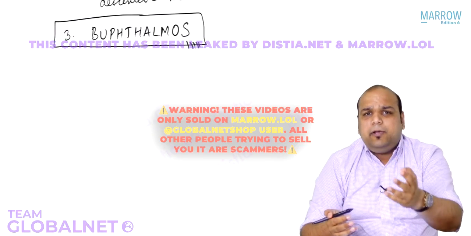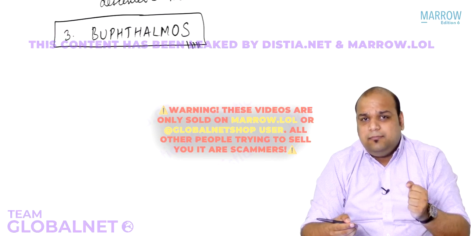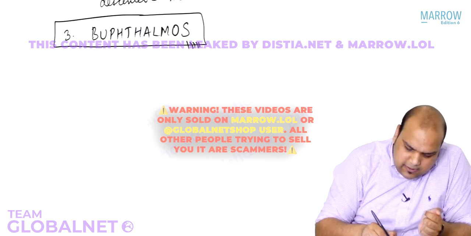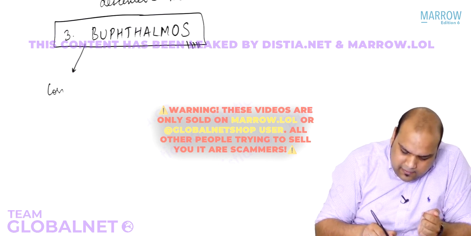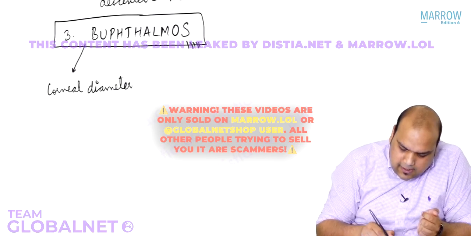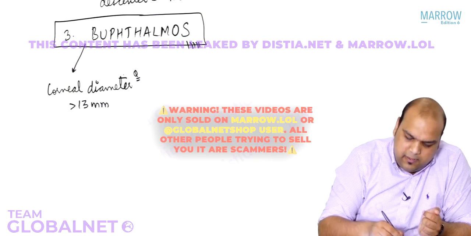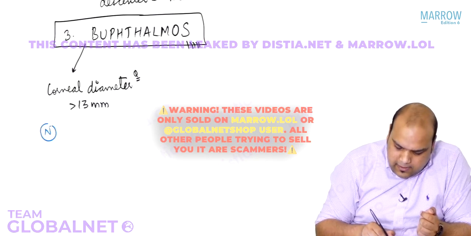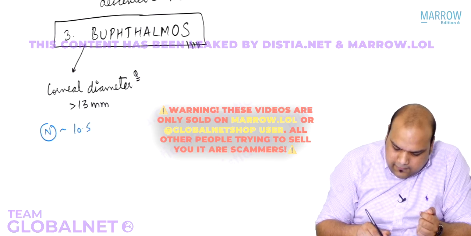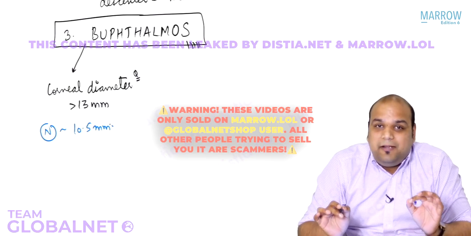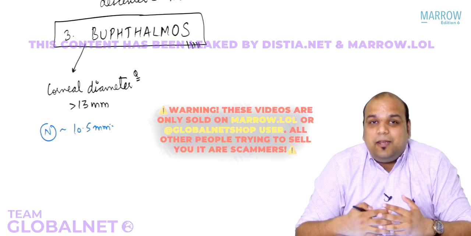How will you be able to diagnose whether it is an enlarged eyeball or not? What is the structure you are able to see? You are able to see the cornea. So let's measure the diameter of the cornea. Corneal diameter is characteristically greater than 13 mm. Normally, it is around 10.5 mm. Okay? So when you measure the corneal diameter, it will be increased, telling you that the cornea has grown in size.